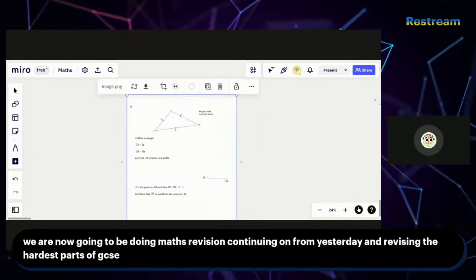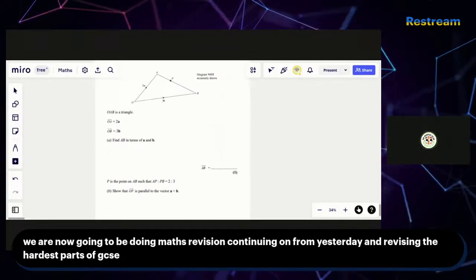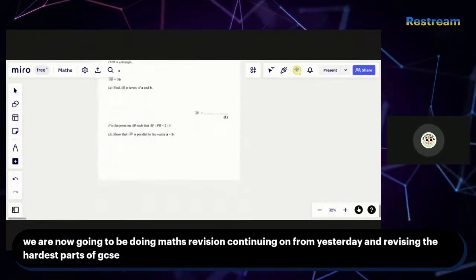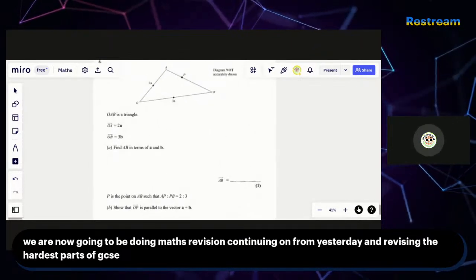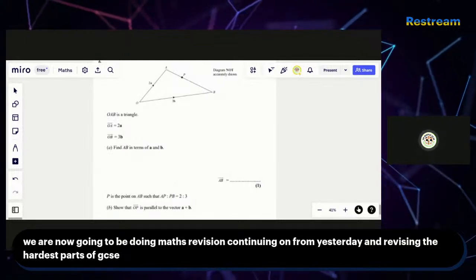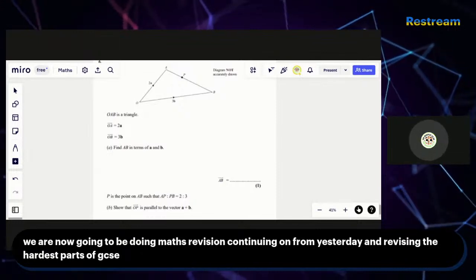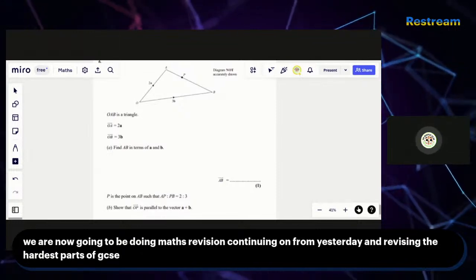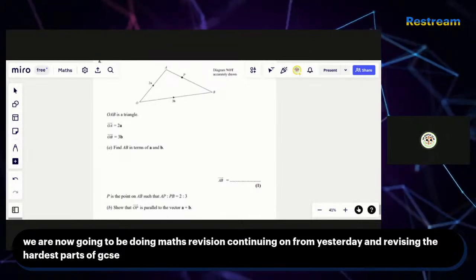So you can now do this exam question. So this is a vectors question. And the first part is a 1 marker, but the next part of it is 4 marks. And these are the type of questions you're going to get. They are quite difficult, and that can just finish off our GCSE maths revision for today. If you have any more questions or would like me to go through anything in maths, feel free to just chat it in the live chat.